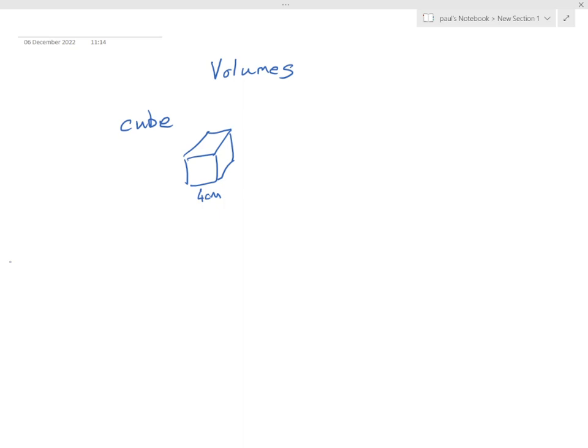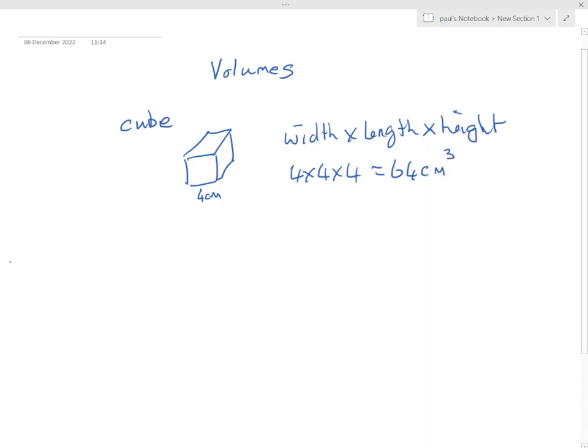So what we do is we do the width times the length times the height, and that will be 4 times 4 times 4. 4 fours are 16, 4 16s are 64, so that will be 64 centimeters cubed, and now we've got a little 3 that tells us it's a cube. So width, length and height.